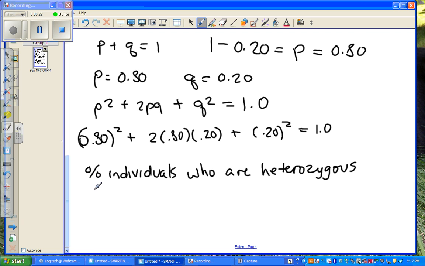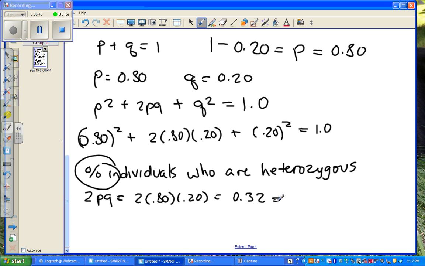Well, all we have to do is figure out the frequency of the individuals that are heterozygous. And that frequency here is going to be equivalent to 2pq. 2pq is 2 times 0.8 times 0.2. That's equal to 0.32. Now, what we have to keep in mind is we need to give a percent for that. That's going to be 32%.